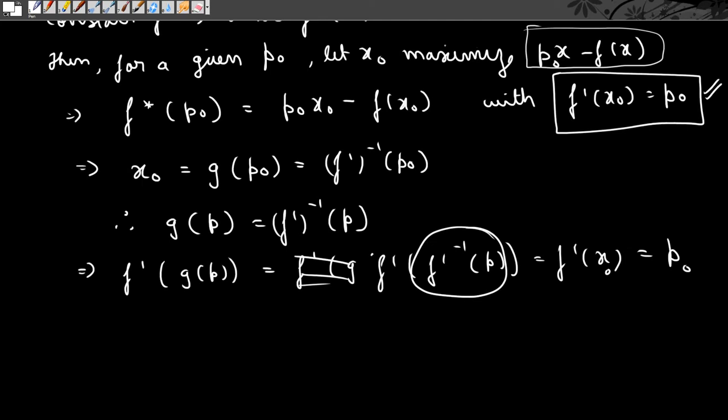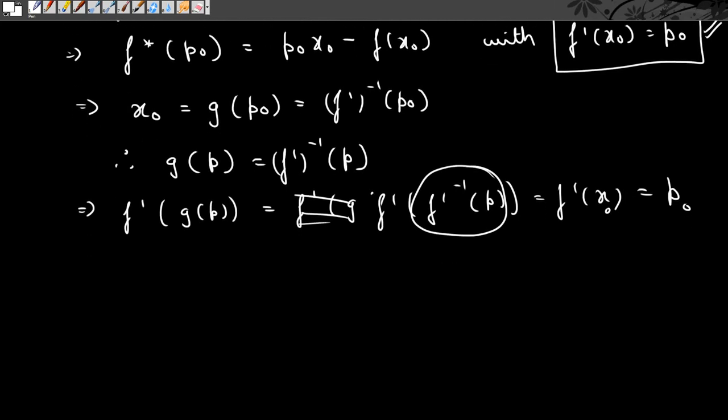So we have f dash of g of p equal to p. If we take p naught here, we get p naught, which means for any p we get p.